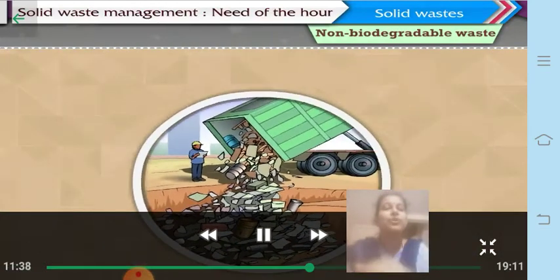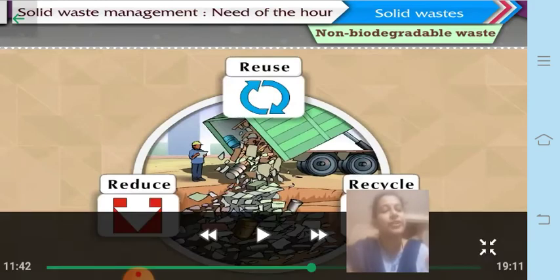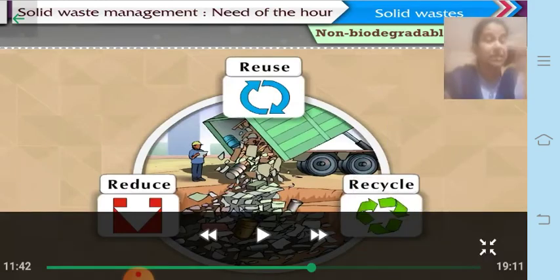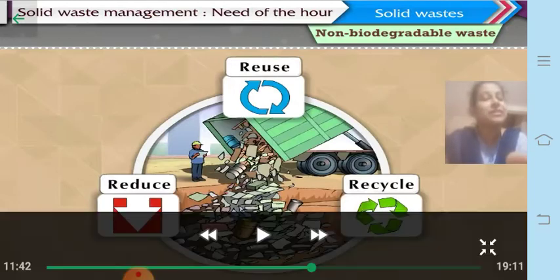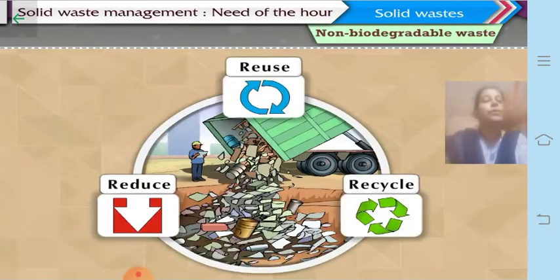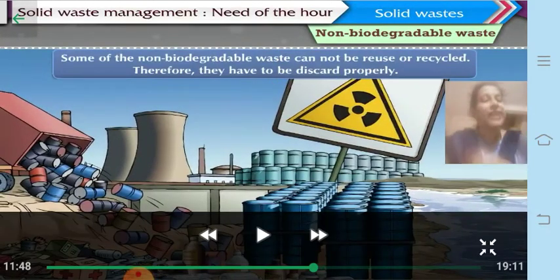So what can we do with them? We can reduce the use of all these materials. Instead of buying more and more, we can reduce the use. Then we can reuse certain materials, whereas other materials we can give for recycling. But we should not dispose of it anywhere.